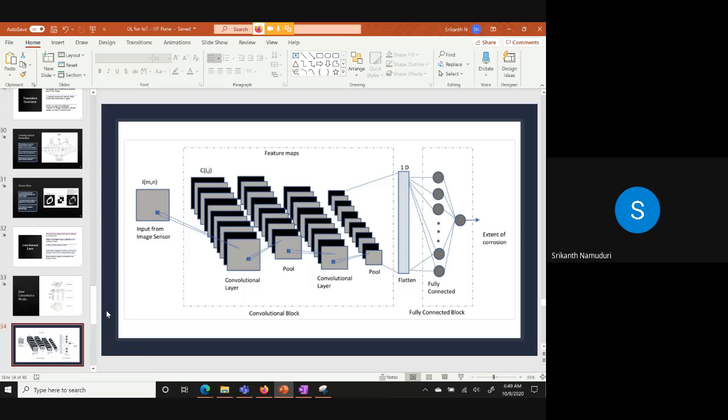Pooling is a way of, let's say I started with an image which is 1000 pixels by 1000 pixels, and at every stage of convolution it is computationally very intensive. So what pooling does is it aggregates and reduces the dimension of the image. After the first convolution, your feature map looks like several two-dimensional images, and from that image you take every small piece of 4 by 4 matrix, take the average of it, and replace it by a single pixel.